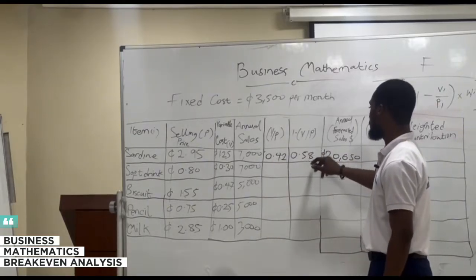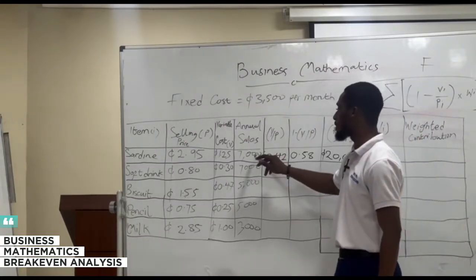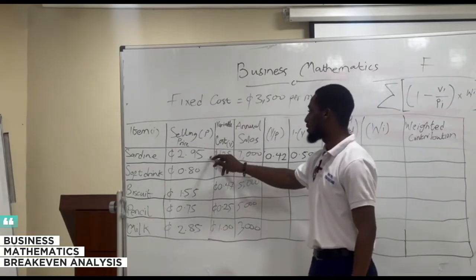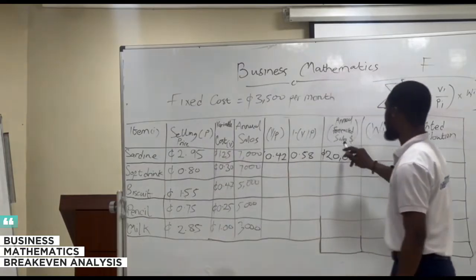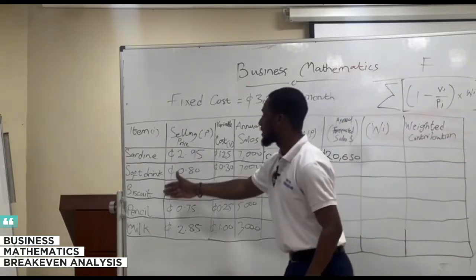For your annual forecasted sales, you multiply your annual sales by your selling price, which is the P. So this is how you apply it to the items left.